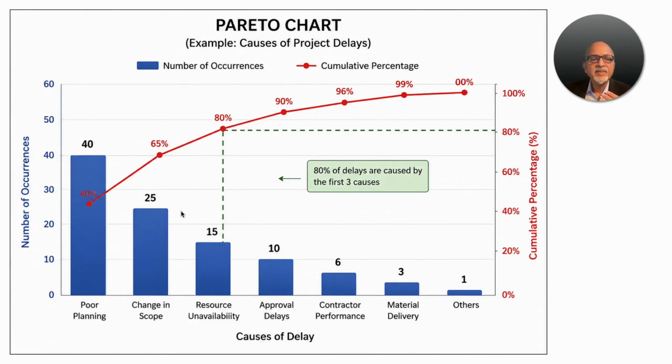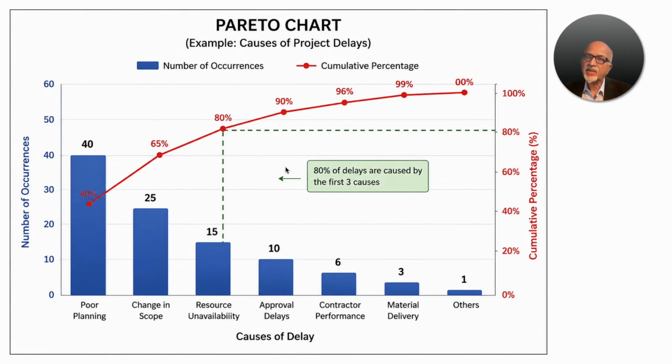Suddenly, we were able to identify the biggest contributors to these defects. The 20% of the causes that were contributing to 80% of the defects, and we attacked those causes, and suddenly the defect count came down.